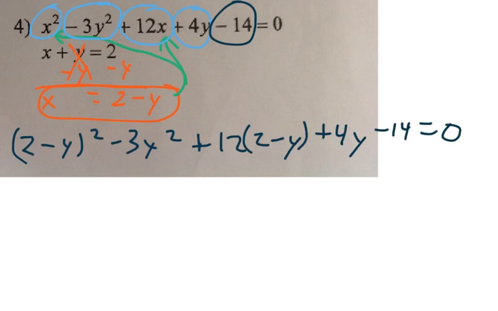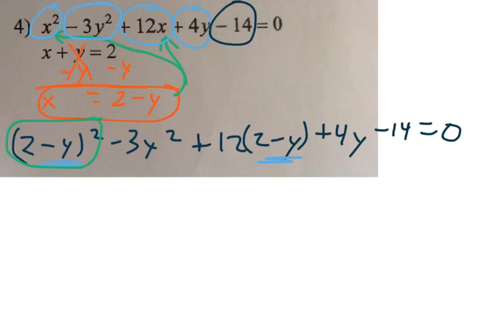Okay, so notice again, follow the light blue here. All I did was wherever there was an x, I plugged in the y expression, right? Because after all, x is equal to 2 minus y.